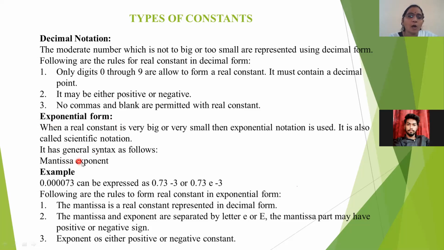What is the syntax? How is the real constant represented in the exponential form? The syntax is mantissa and exponent. It consists of two parts: mantissa and exponent. One simple example: 0.00073 can be expressed as 0.73e-3. That -3 is the exponent part and 0.73 is the mantissa part.